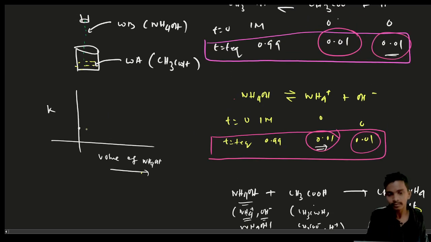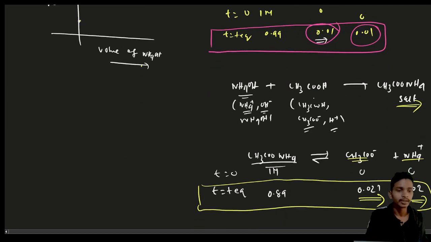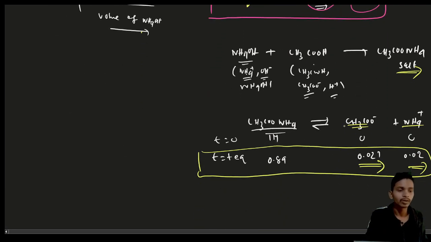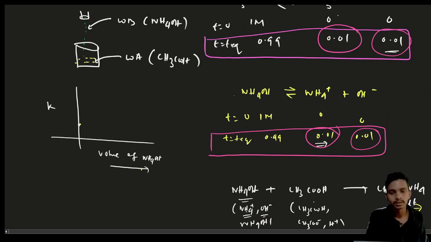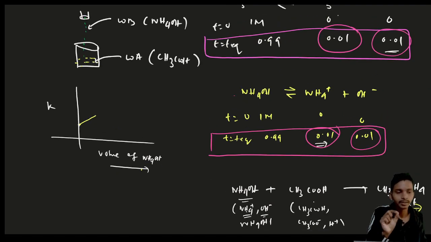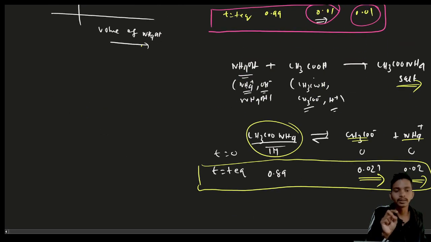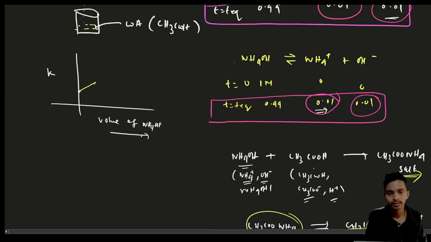So this is due to the weak acid, and as you are adding more and more NH4OH, you are synthesizing more and more salt. So this increases because more and more salt is synthesized, and salt dissociates more than weak acid, that's why it increases.